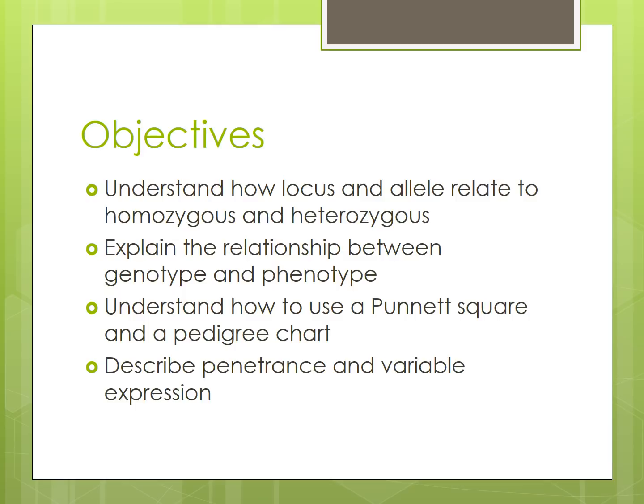We walked through Punnett squares and how you can fill them in. Then we talked a little about pedigree charts, looking at multi-generational families and how they're affected. And then finally, I talked about penetrance and variable expression, showing how penetrance shows how much a disease is within a population, and variable expression shows how the severity of the disease differs within certain individuals.